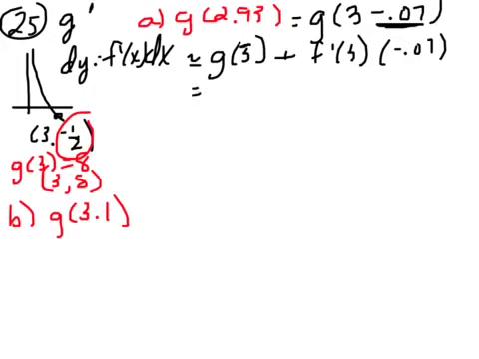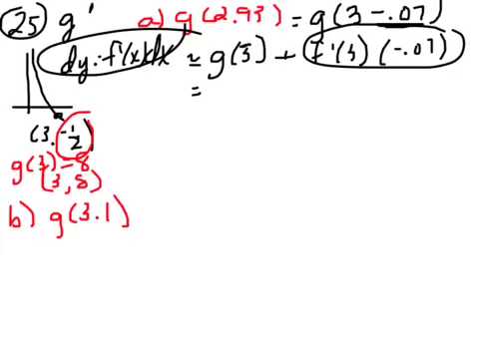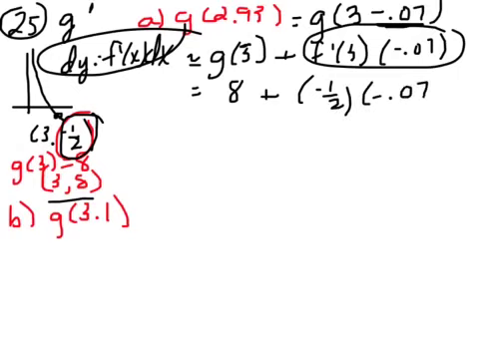Now if I estimate this, all of this is just coming from here: g of 3 is 8, they told me that. That was the point they gave me in the instructions. The derivative at 3 is this negative 1/2 that they gave me, because they gave me a graph of the derivative, so I can tell exactly what it is at 3. And the change in x is negative 0.07.